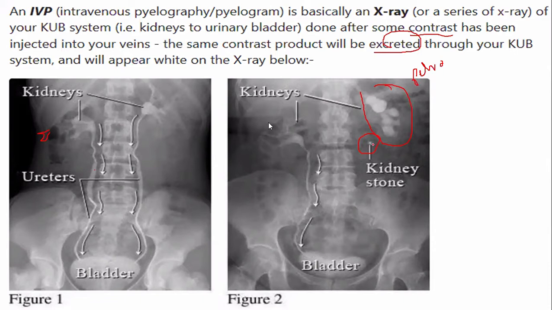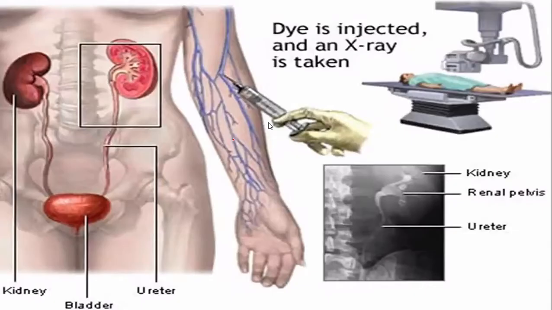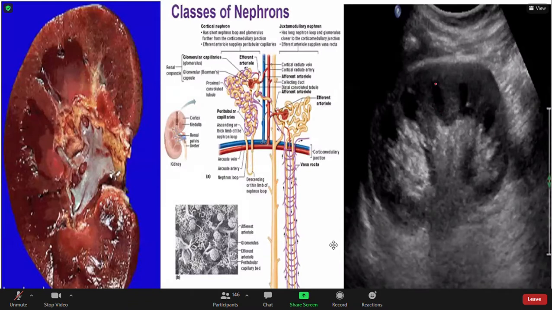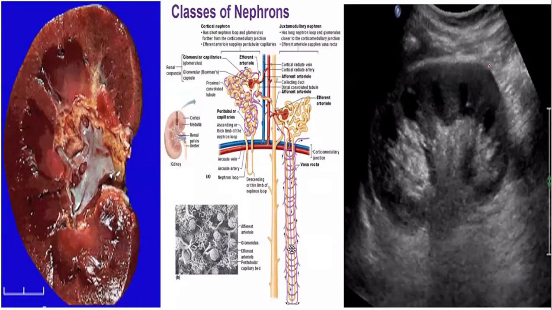So one would be a stone, kidney, ureter, bladder, compared to, for example, ultrasound only. Look at this ultrasound: you can see the medulla and the cortex here. This is the renal column of Bertin, the one that is extending.